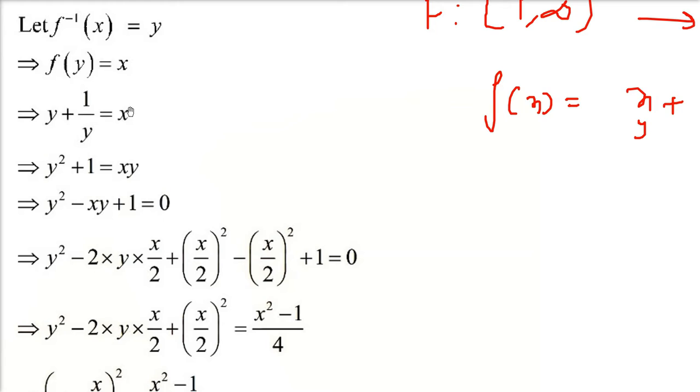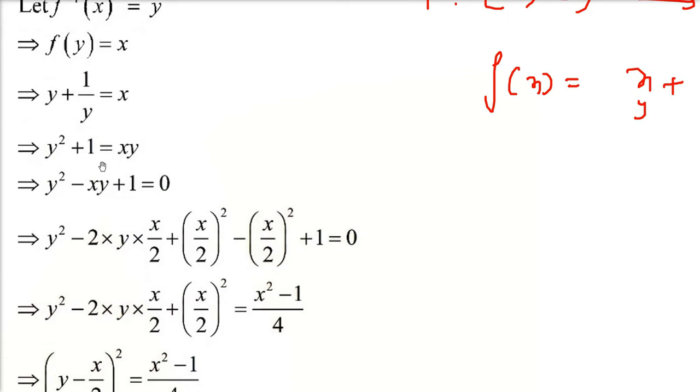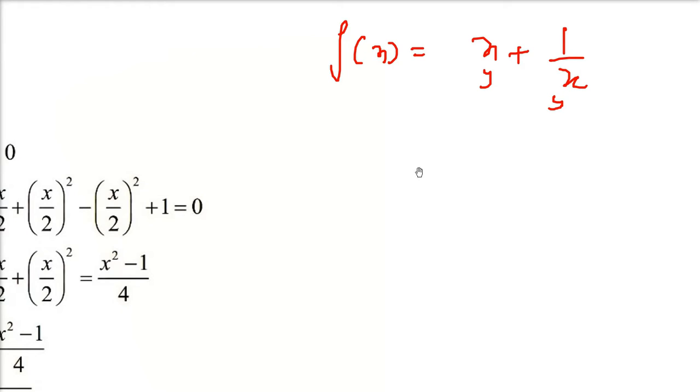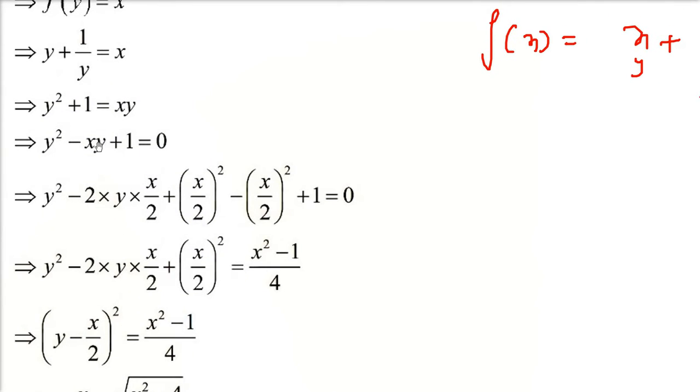So just take the LCM: y square plus 1 by y equals x, cross multiply. Ultimately you have to take y on one side, others on the right hand side. So you have y square, I'm taking xy on the left hand side: y square minus xy plus 1. Now this is a quadratic equation kind of thing, but we need a perfect square. So what is the perfect square?